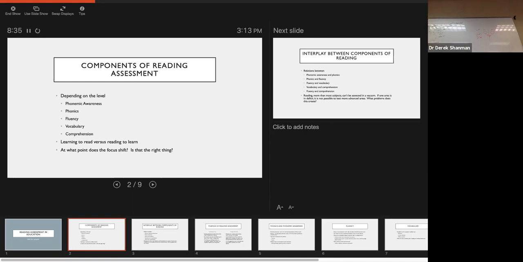So the question that I have up here is, at what point does this focus shift, this learning to read and reading to learn, and is that the right thing to do? At the K-2 level, I'll tell you that's where that first shift really occurs. We have this idea of learning to read versus reading to learn.